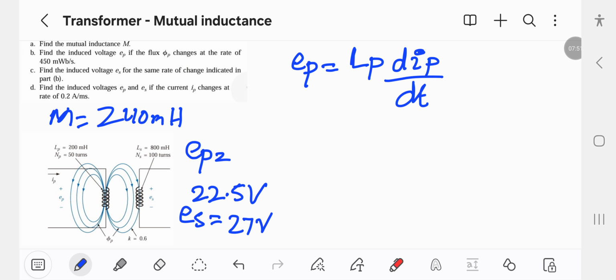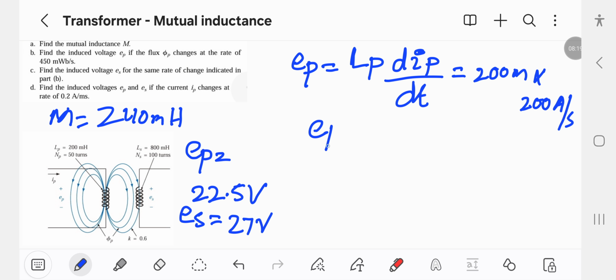Now if we put all these values, 0.2 ampere per millisecond can be written like 200 ampere per second.